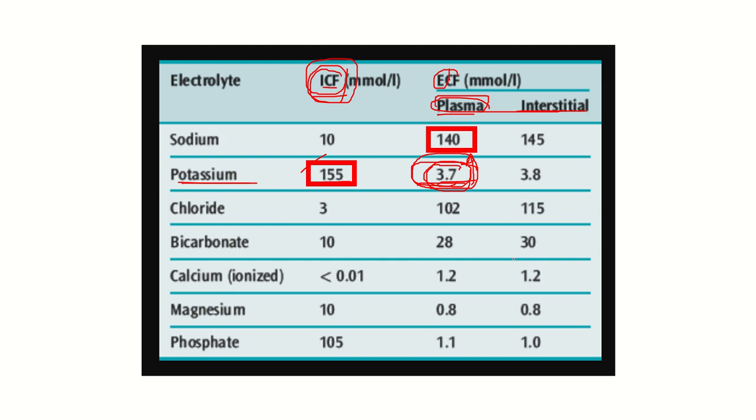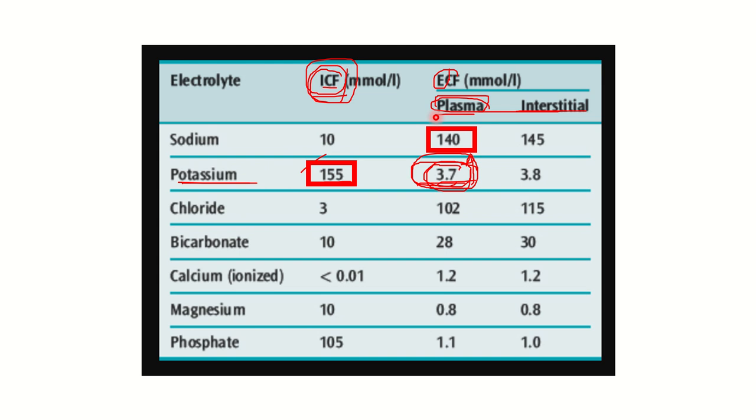So any substance, any physical injury or chemical injury, or drug or any other condition which causes injury to the cell, causes release of this potassium into the plasma, and in this condition plasma potassium will be increased.